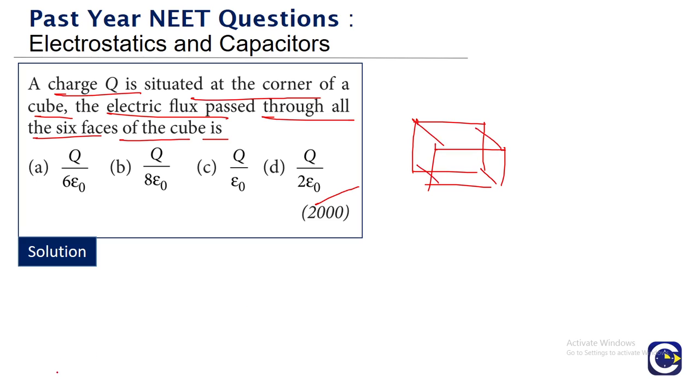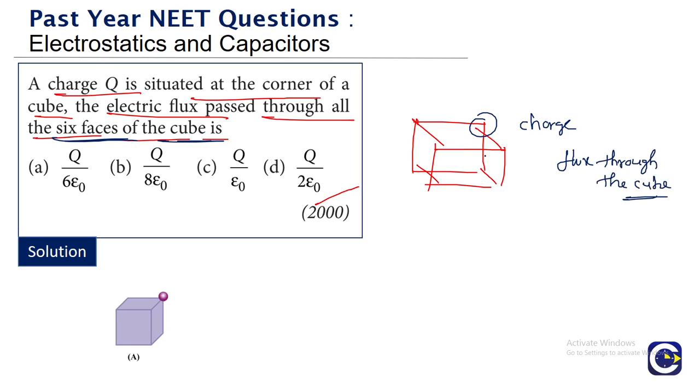Charge is not placed at the center of the cube, it is placed at the corner. And they are asking what is the flux through all 6 phases of the cube. Essentially, the flux through the cube.